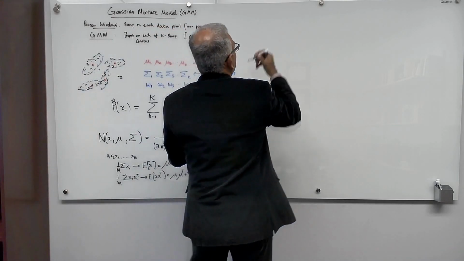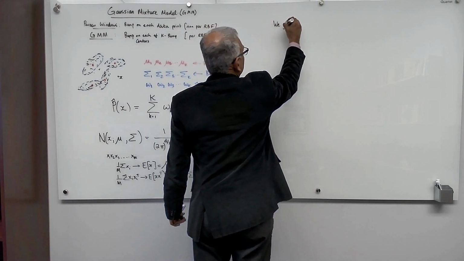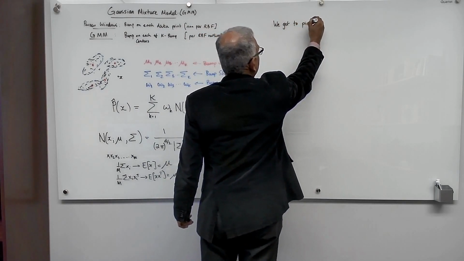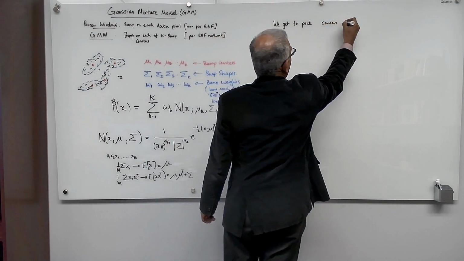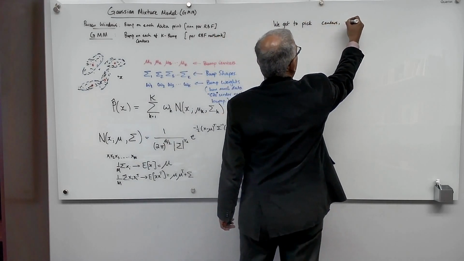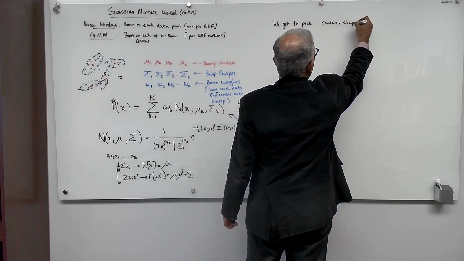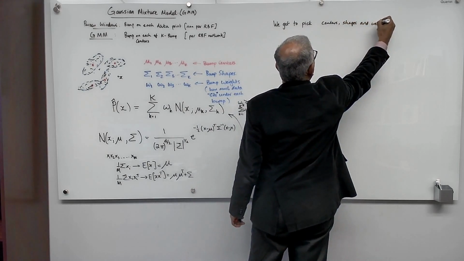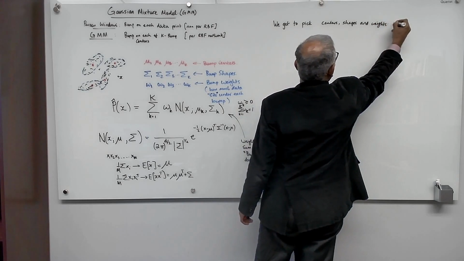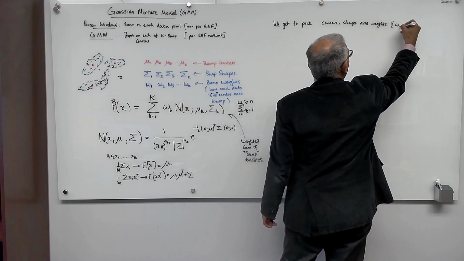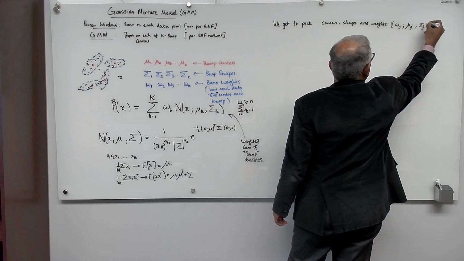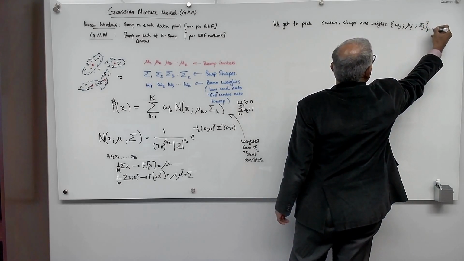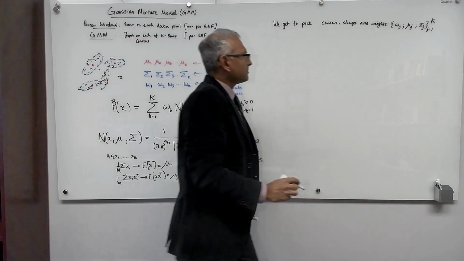So we get to pick the centers, the shapes, and the weights. So we get to pick the weights wj, the centers mu j, and the shapes sigma j, for j equals 1 to big K.